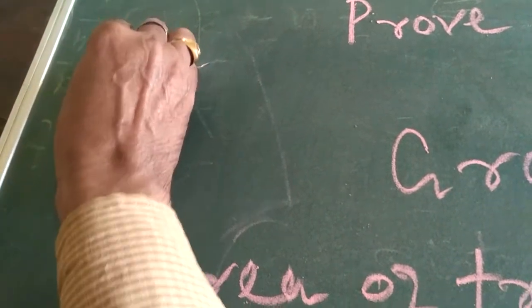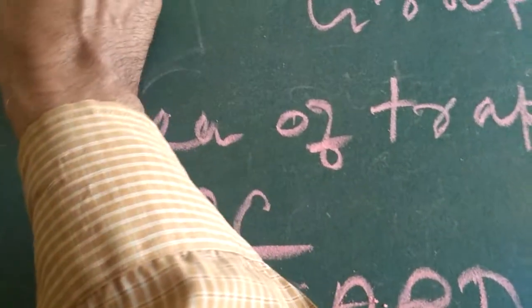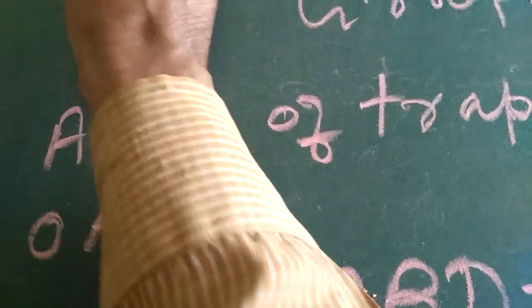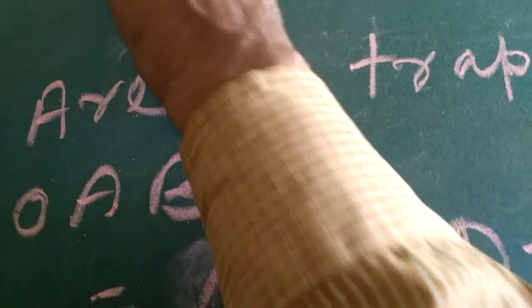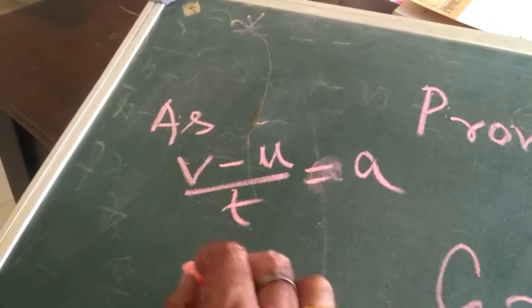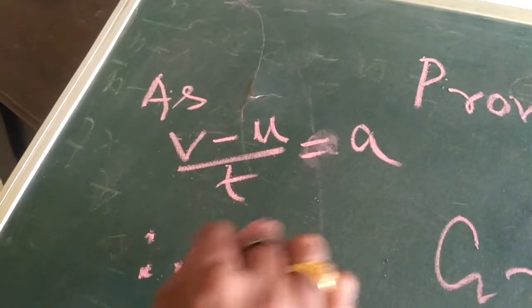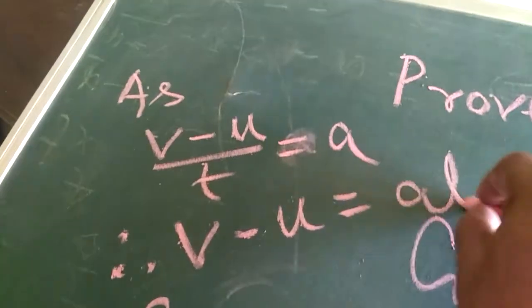Next, as V minus U by T equal to A, therefore V minus U equal to AT.